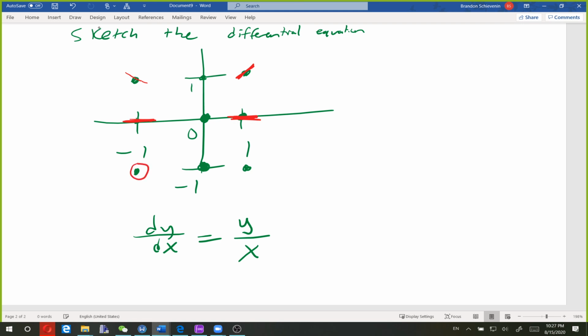Niall, what would this slope be? Okay, +1. What would this slope be? Not 0? Undefined, so I don't have to draw anything. And last point.